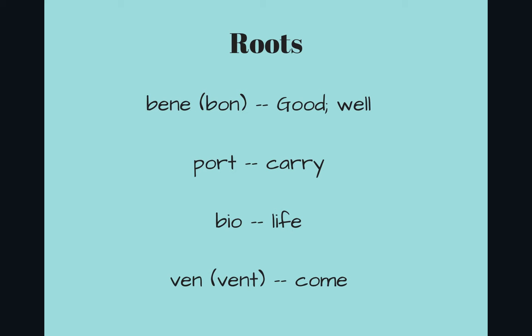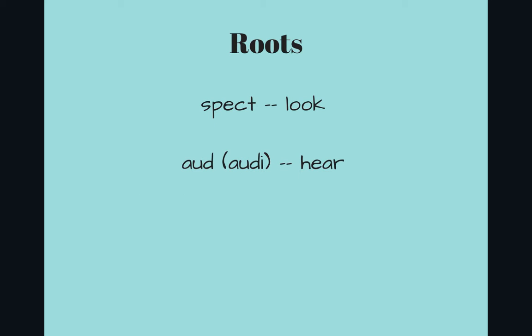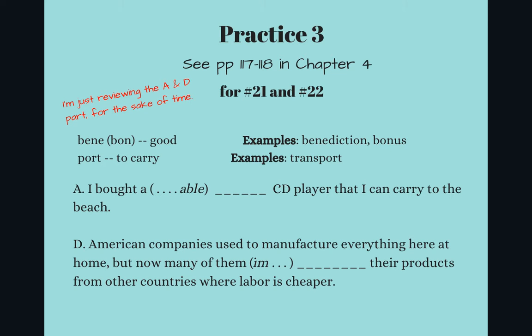Ven or vent means come. Man or manu means hand. Ped or pod means foot. Auto means self. Tela means far over a distance. Spect means look. And aud or audi means hear.